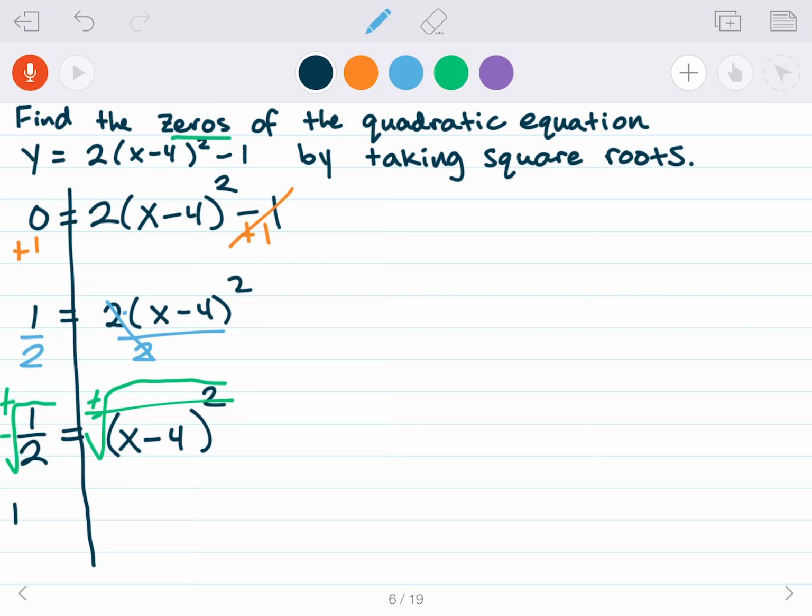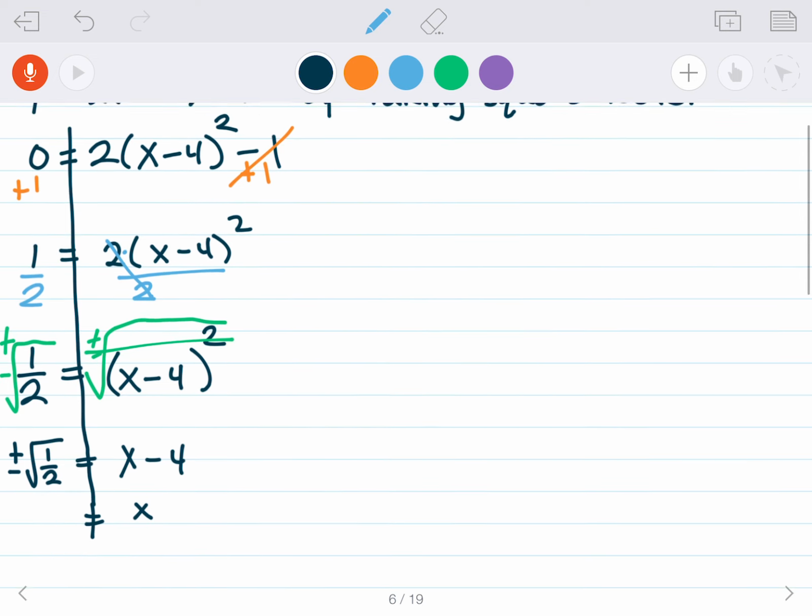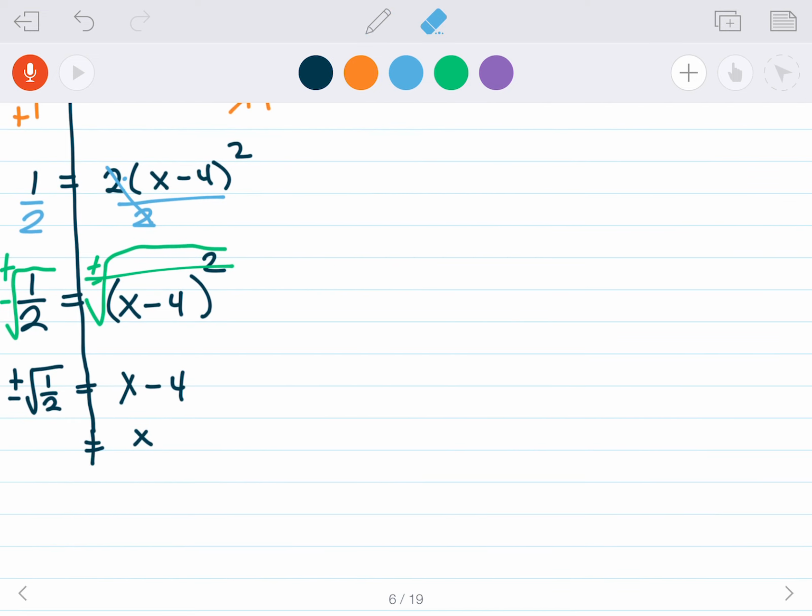And on the left side, I'm left with plus or minus the square root of 1 over 2 equals, on the right side, the square root canceled the square, so I'm just left with x minus 4. And finally, I'll add 4 to both sides to give me x equals, maybe I'll write it down here because I'm running out of room.